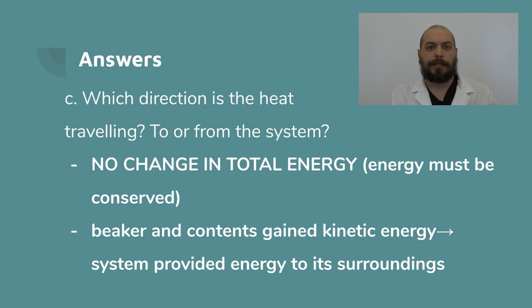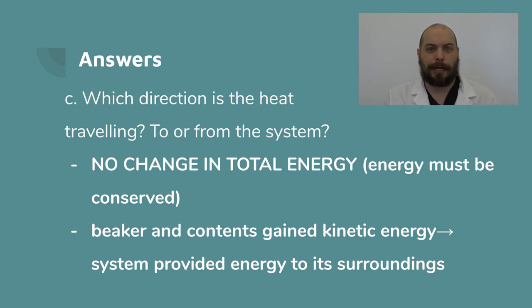Okay? The next part of the question is, which direction is the heat traveling, or where are we moving our energy from and to? Remember, energy is conserved. So there's no change in total energy. It's just a matter of what's the form of the energy and where is it coming from and going to. Well, the beaker heated up. That tells me that the beaker and all of the contents within the beaker gained kinetic energy.